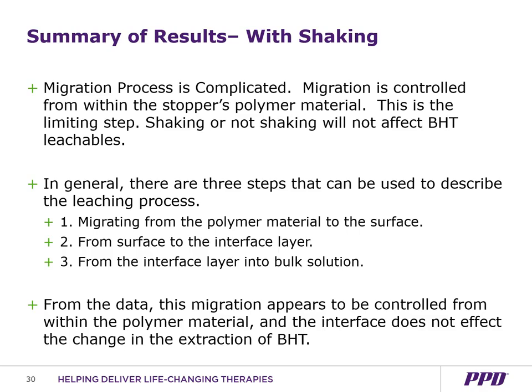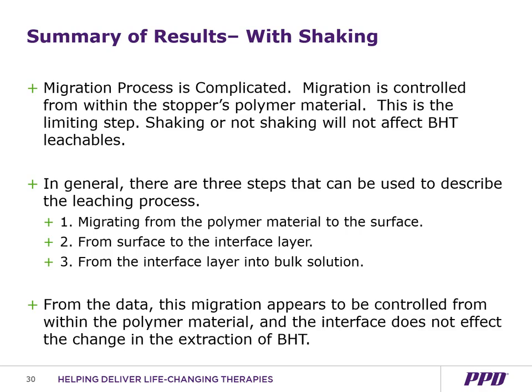In general, there are 3 steps that can be used to describe the leaching process. 1, migrating from the polymer material to the surface. 2, from the surface to the interface layer. And 3, from the interface layer into the bulk solution. Generally, shaking can affect the interface layer thickness and the diffusion speed for the interface and the bulk solution, so steps 2 and 3.